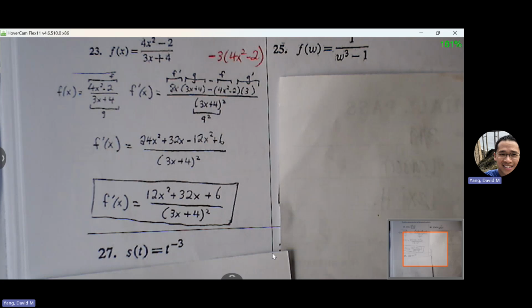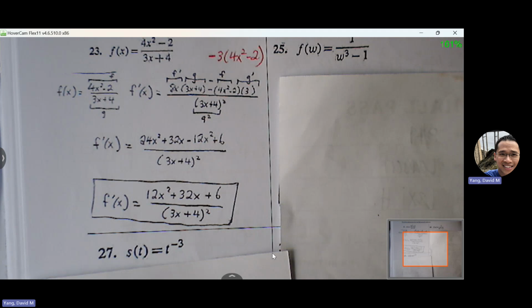Distribute the 8x through. Here, I just want to do it all in one step. If I put the 3 in front, I can just distribute the -3 one time through and not do negative followed by 3. So this will give me -12x squared plus 6, and then combine our terms. Again, leave the denominator alone.